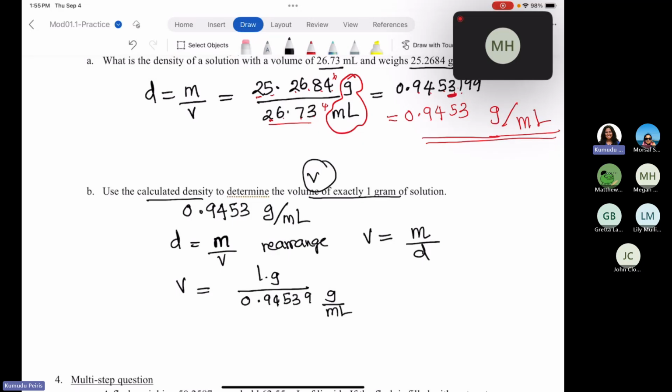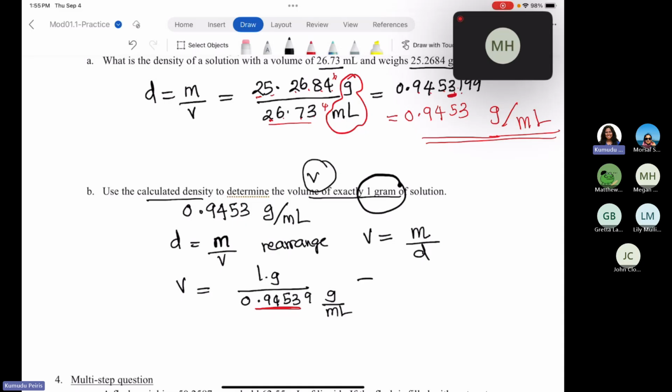Right. Again, this 1 gram, it doesn't say anything. It's just 1 gram. Okay, so it has an infinite number of significant figures. Therefore, we stay with this value. So the answer should be given with four significant figures.